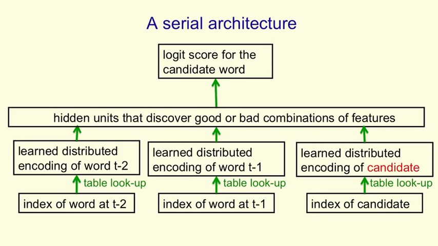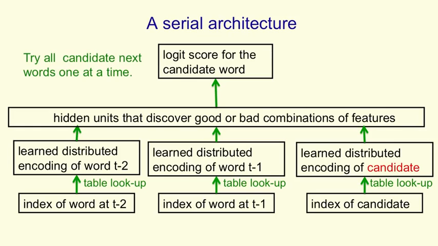So the inputs from the context to that big hidden layer are the same for every different candidate word. The only bit we need to run for each candidate word is the inputs coming from the candidate word and the final output to the score. And of course, that doesn't have many weights in it.